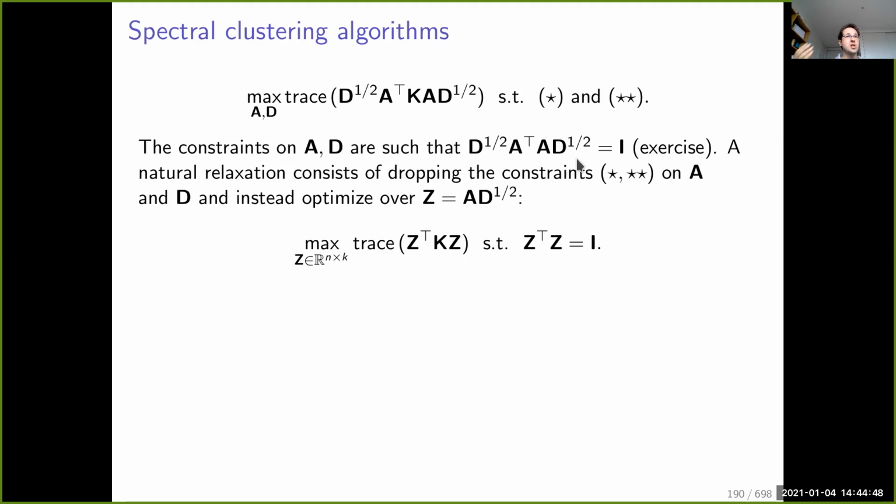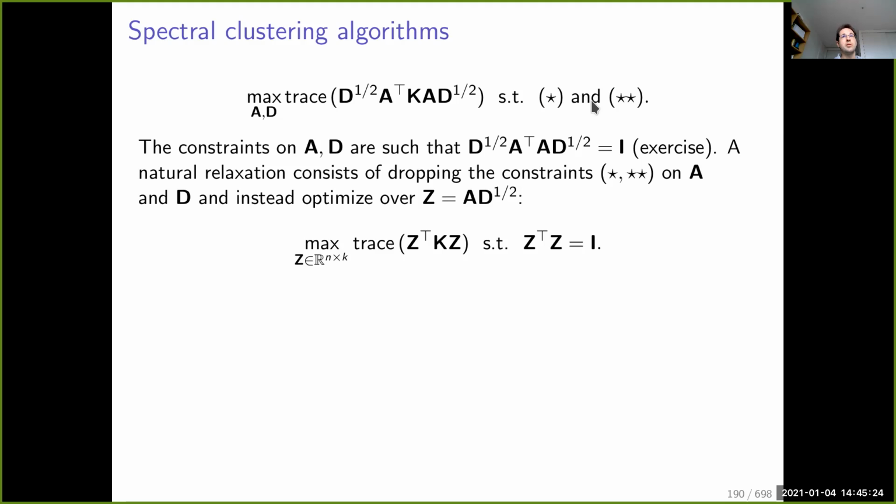So then a natural relaxation consists of saying, well, I'm going to drop the constraints star and double star, but I'm going to keep this constraint, which is simply a consequence of star and double star. In other words, you replace the original constraints by a consequence of these constraints. So of course you are not solving the same problem, but there is still a relation between this consequence and the original constraints.